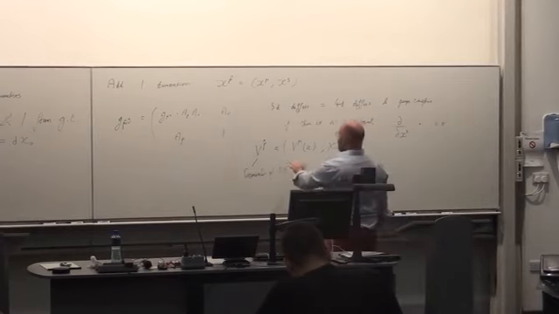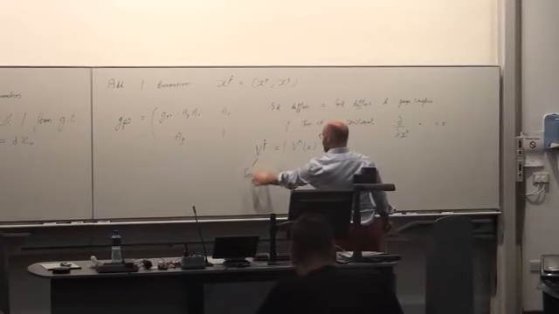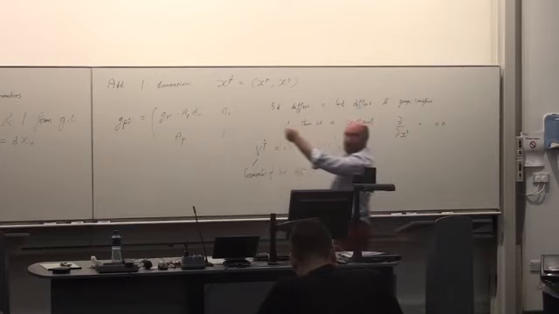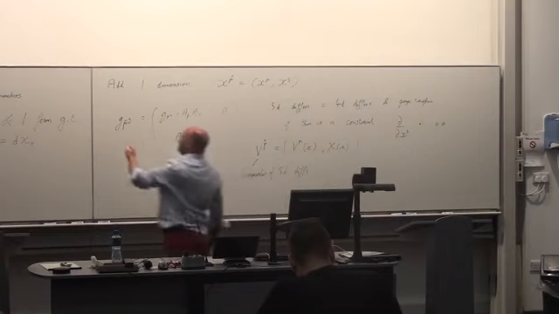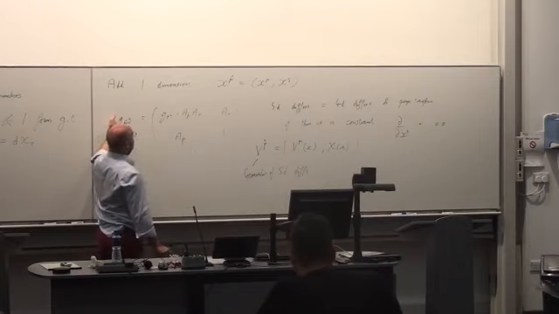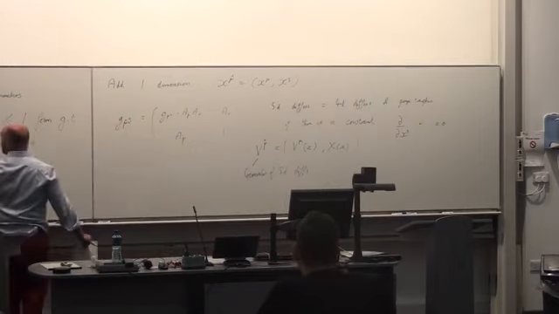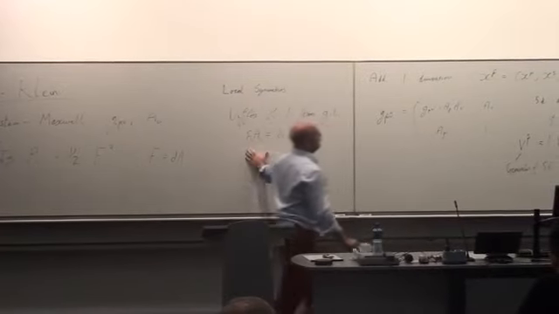And then, because this should be a single vector, I need to add a dimension. And then I can form a metric in that higher dimensional space, combining these fields.